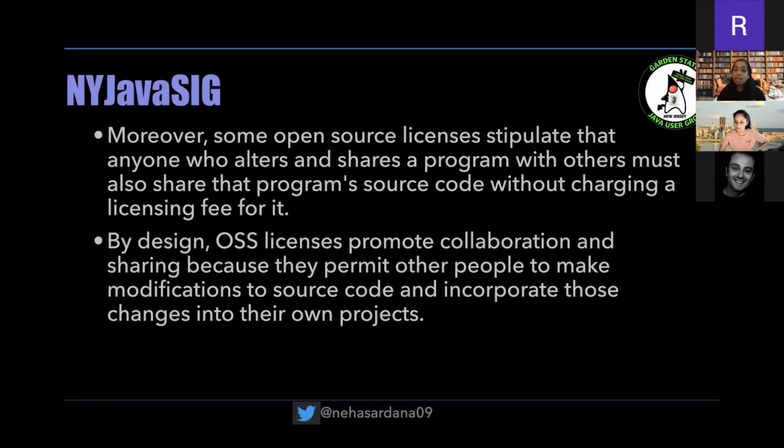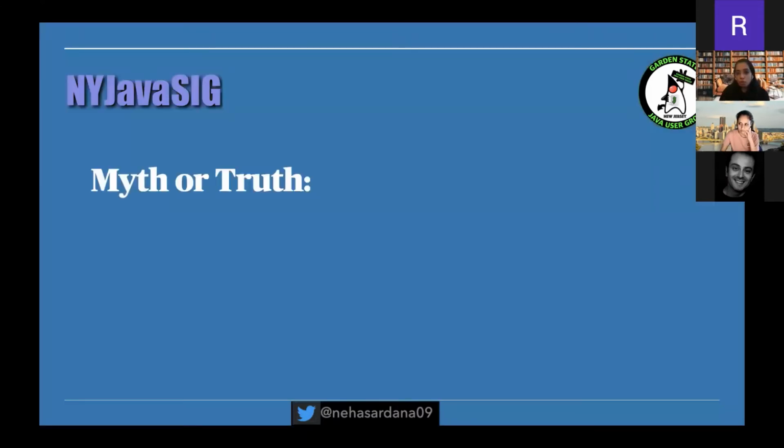So by design, open source licenses promote collaboration, they allow sharing, they allow other users to make modifications and incorporate these changes into their own software. So anyone can make the change, and if they satisfy the criteria, if the software they add value to is tested well, they can incorporate those changes into their own projects. So that's also a good point for open source.